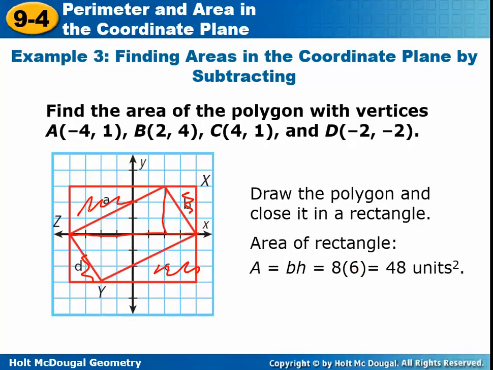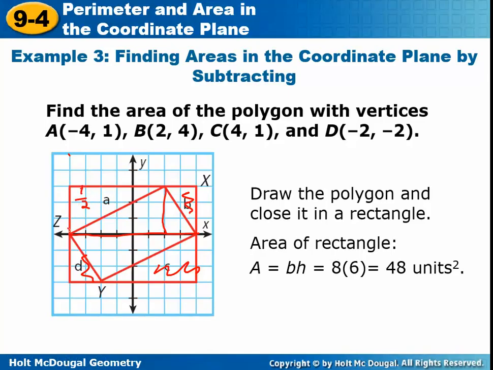And then we're going to subtract the triangles in order to find the area of the remaining polygon that's in the middle. This is especially good if you don't know if you have a parallelogram or any random quadrilateral, because you don't have a formula for every kind of quadrilateral. So the area of this triangle up here would be 1/2 base times height.